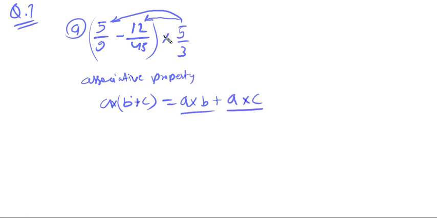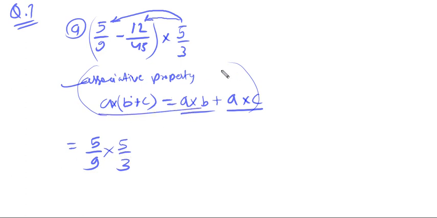So you can multiply first this one and this one. Let us solve this. 5 by 9 into 5 by 3. If you want to write this directly, then you can. You do not need to write the associative property or all this; I am just showing what the property says.